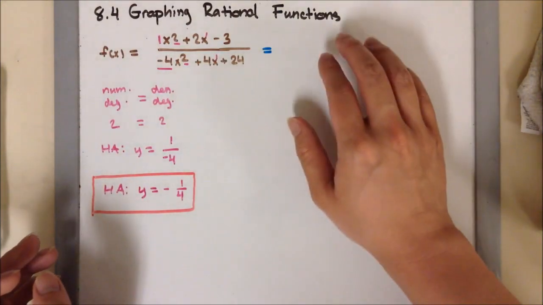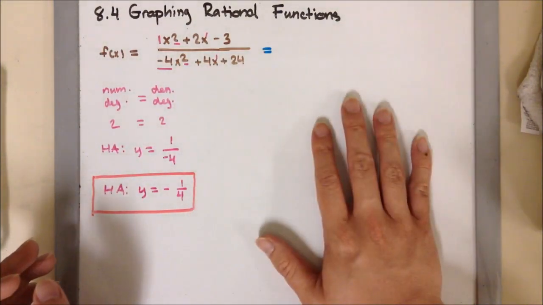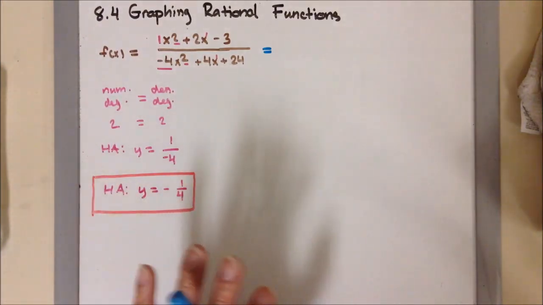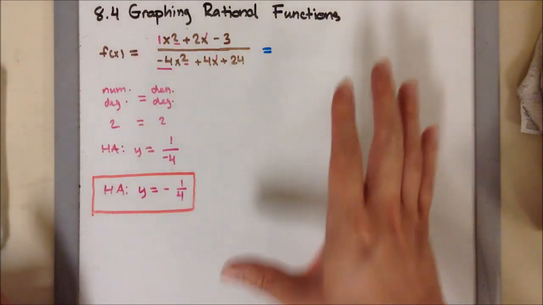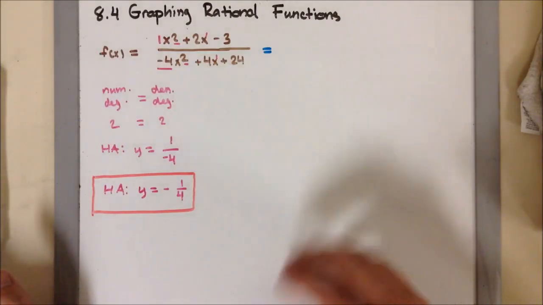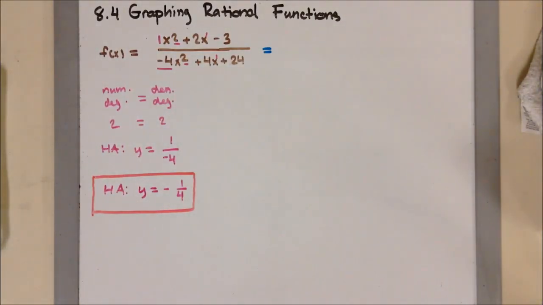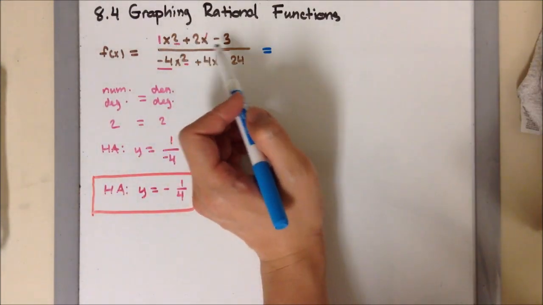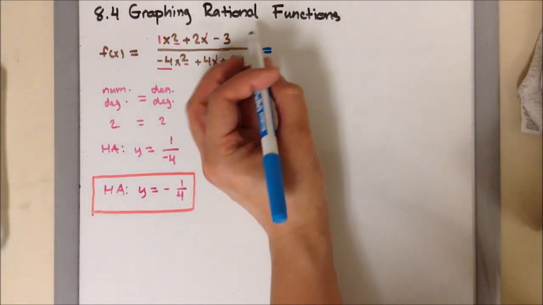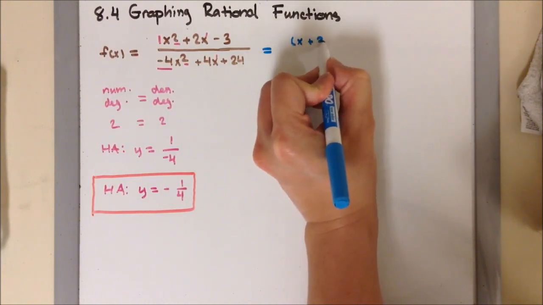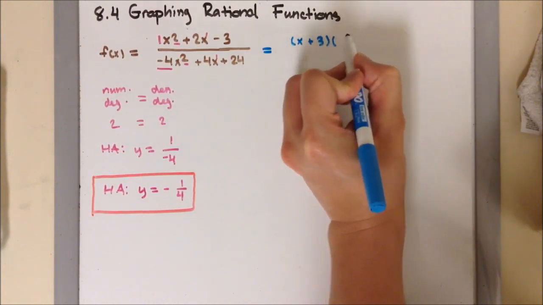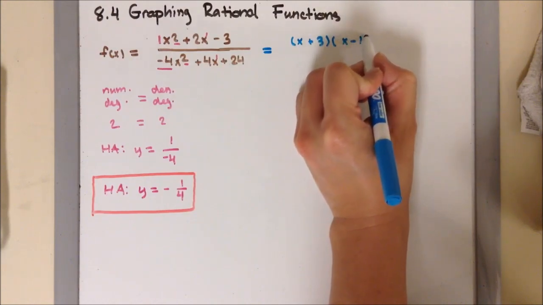It's just I'm not going to do it at the moment because I'm limited with my space, but I also covered in the previous videos how to factor. Now once you have the whole factoring process, then continue with the video. So for x squared plus 2x minus 3, when you factor that, you should have x plus 3 times x minus 1.